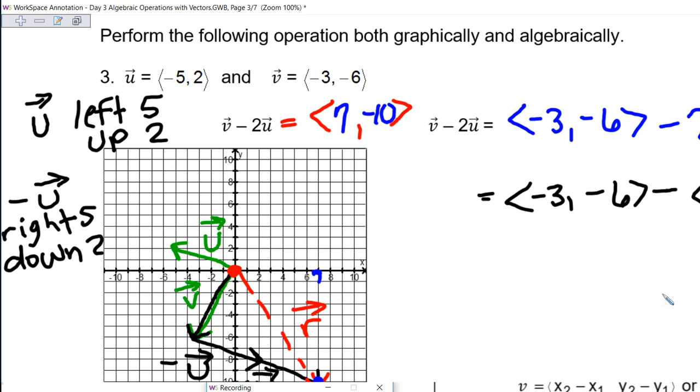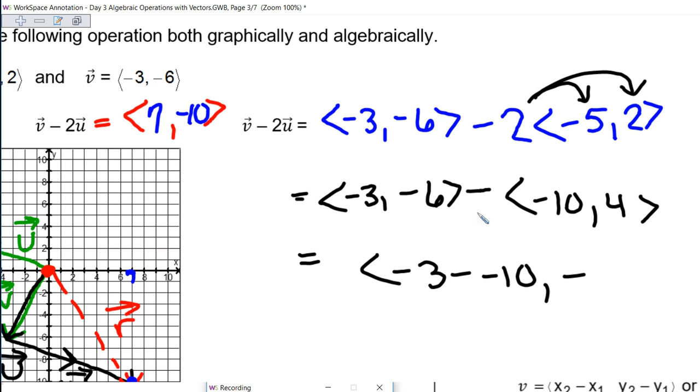Now, when you subtract two vectors, you subtract the x's, you subtract the y's. And that's when they're in component form. So when I subtract the x's, this would be negative 3 minus negative 10. And when I subtract the y, it's going to be negative 6 minus 4.